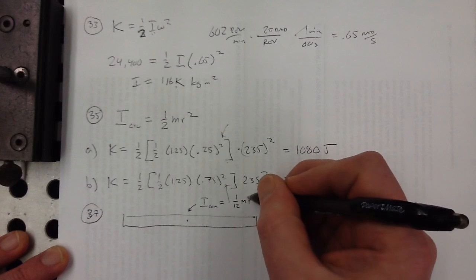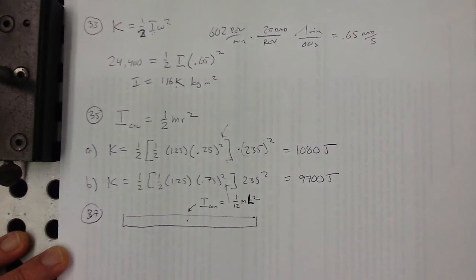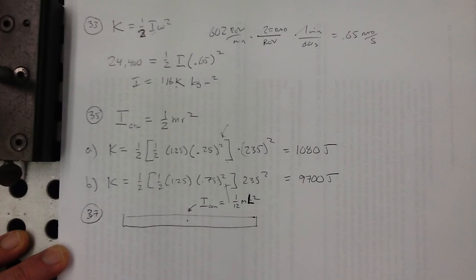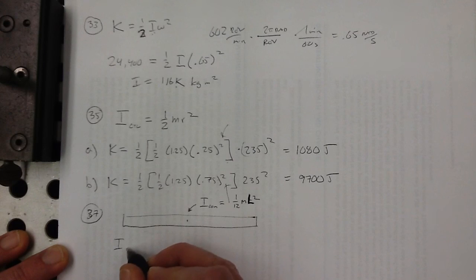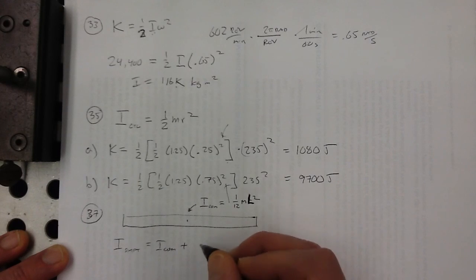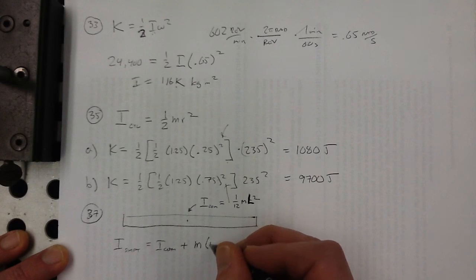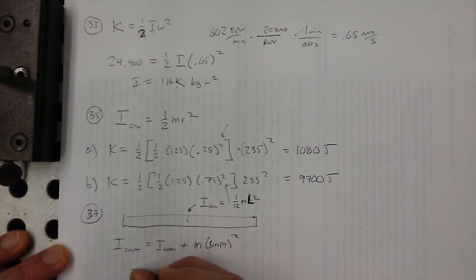Or r, sometimes we use L here, the length of the rod, right? 1/12 ml squared. And we're going to move that, so I'm going to have to do the parallel axis theorem. So my new shifted version, it's the original one plus m times the shift squared. So let's do that.